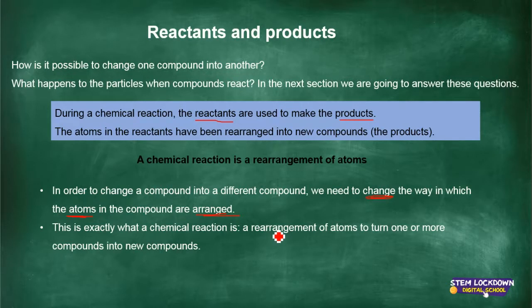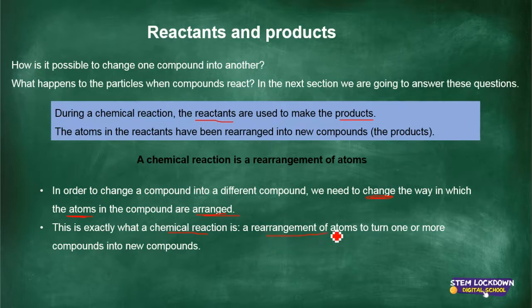So you can take this down as well, or you can say it with me. It is a rearrangement of atoms to turn one or more compounds into a new compound. In the test, they can give you a 2-mark question and say, what is a chemical reaction?